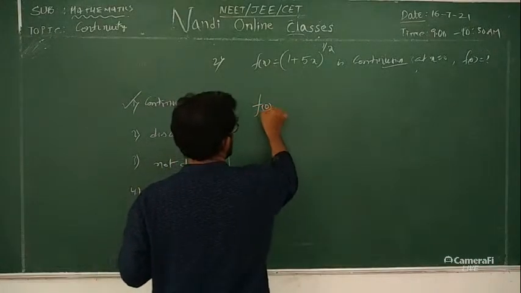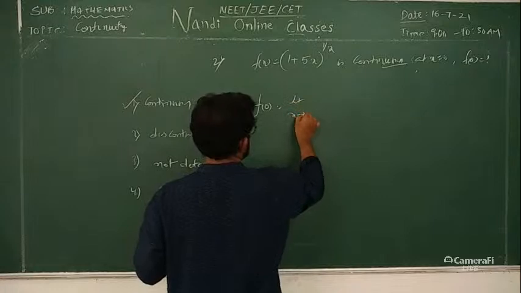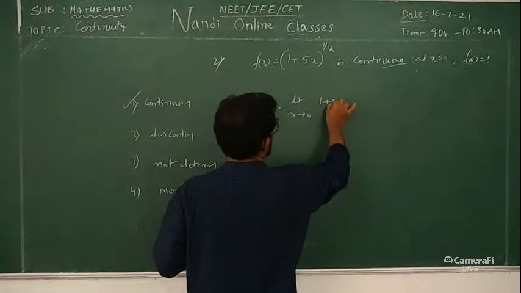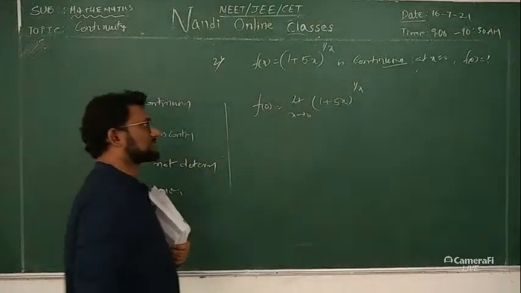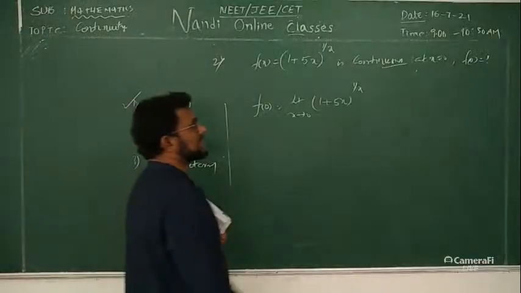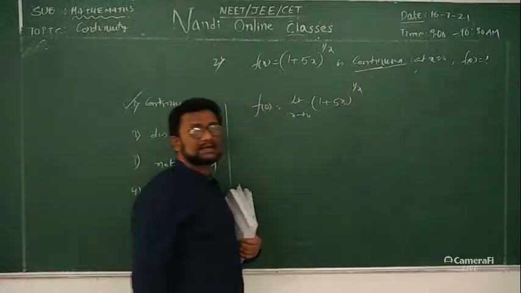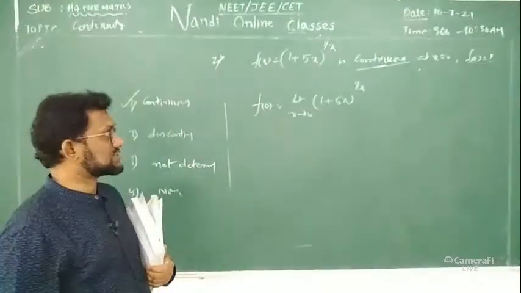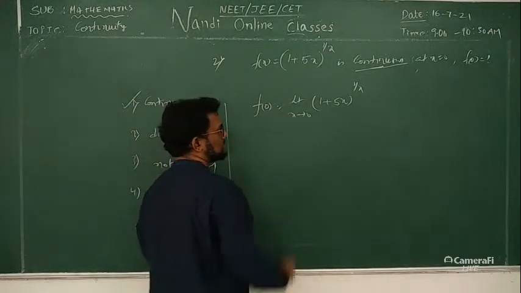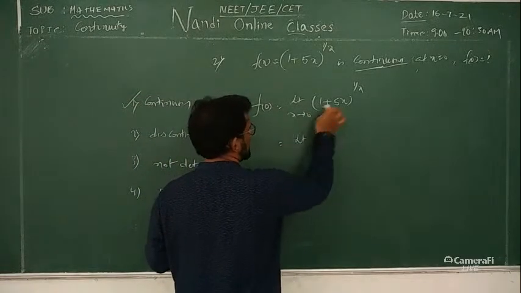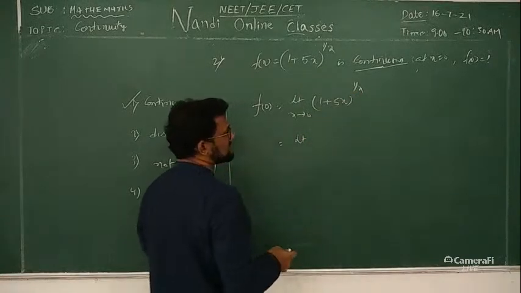So f of 0 is nothing but limit x tends to 0, (1 plus 5x) whole power 1 by x. Already it is declared that it is a continuous function. If it is a continuous function, functional value should equal the limit value. So this value, if you observe, is 1 plus 0 whole power infinity form.